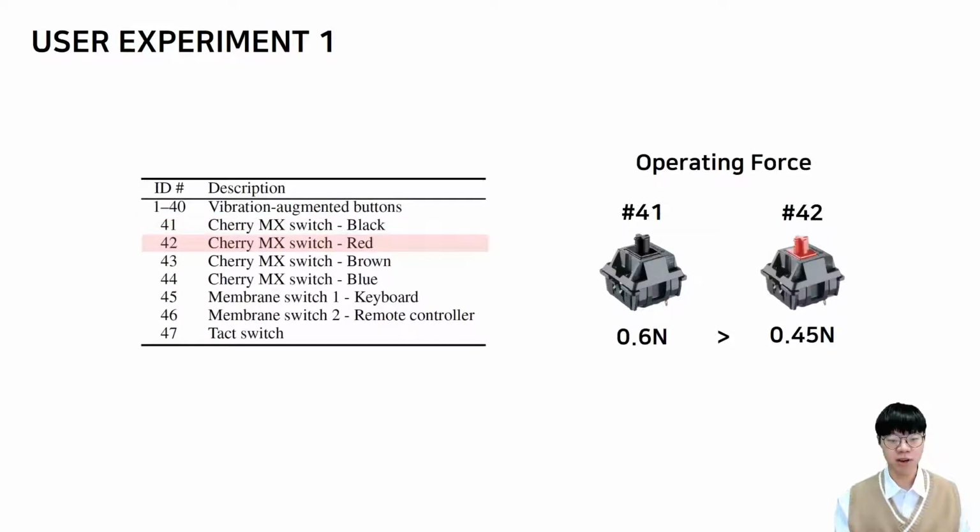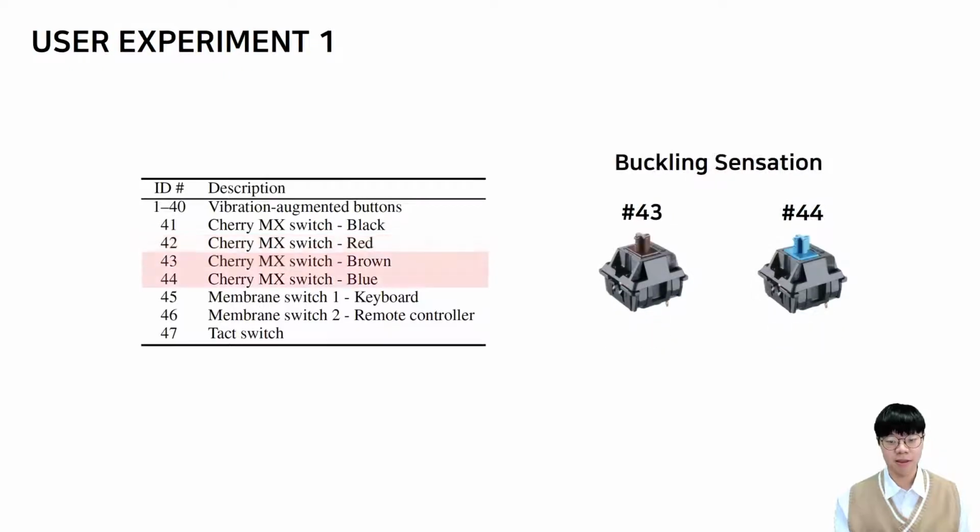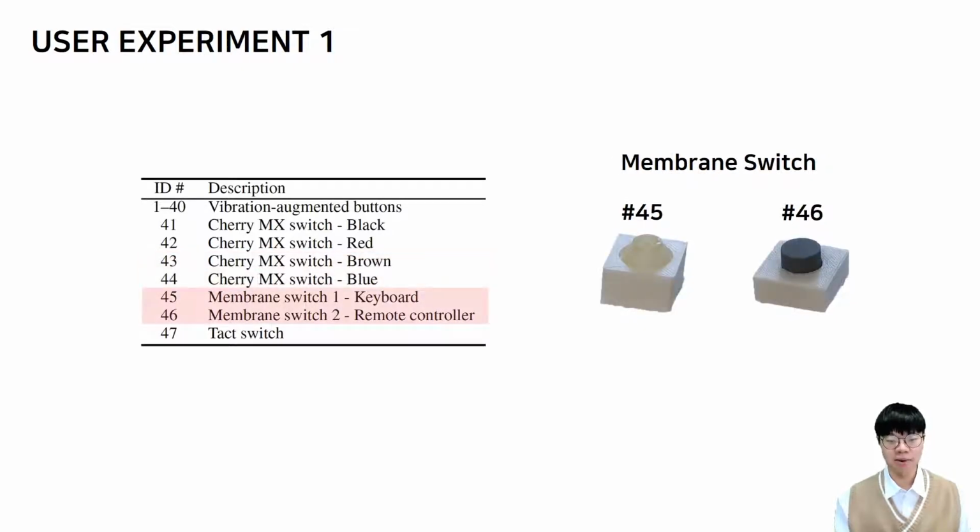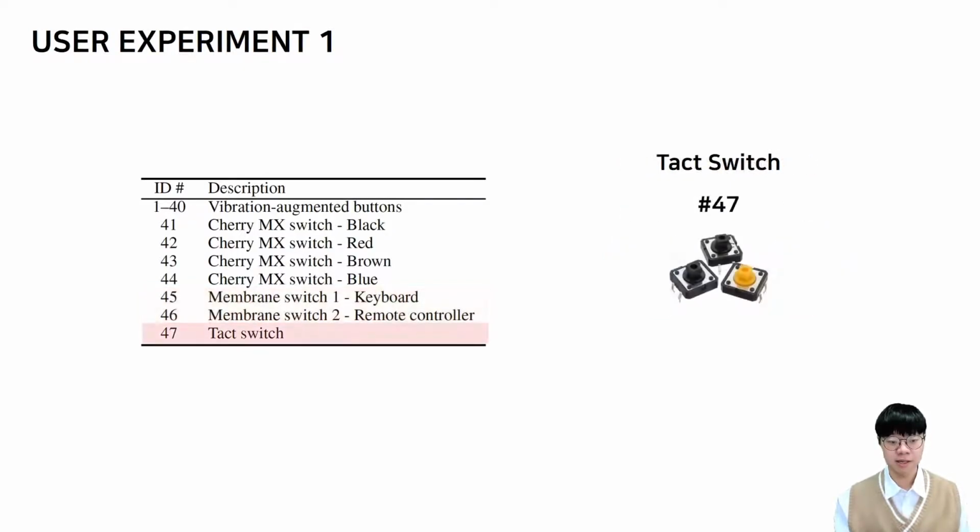Button number 42 requires a smaller force than the base button. Buttons number 43 and 44 deliver a buckling sensation. Also, membrane switches with different stiffness are used. The last button, the tact switch, has a unique and strong click feel.